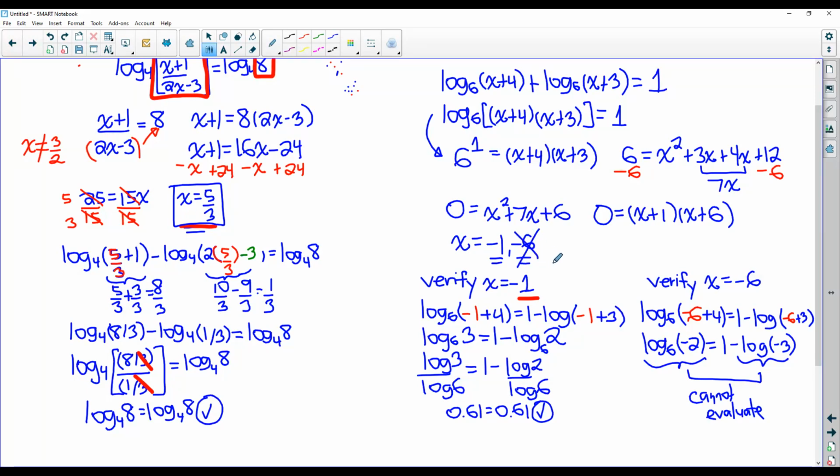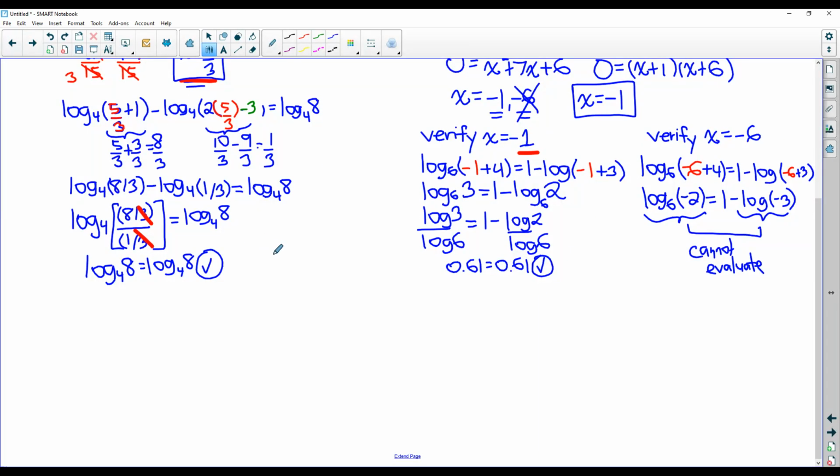We'll cross off this one, and the only solution is x equals -1. Okay, let's jump down to this next one here. So we have example 3.